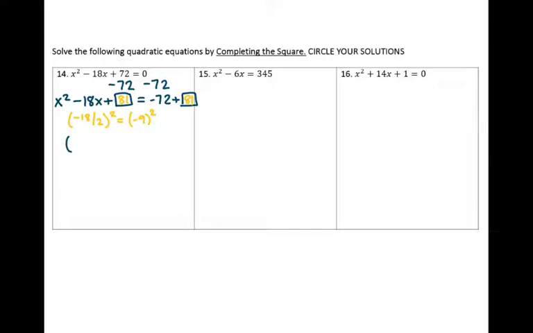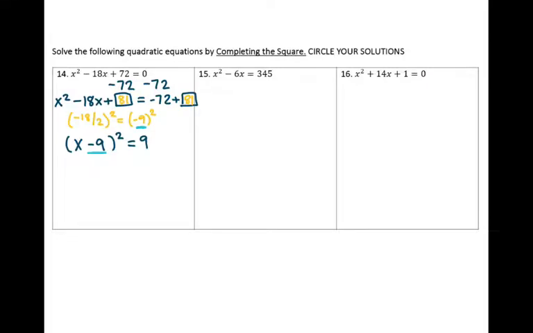Two numbers that multiply to 81 and add to negative 18 are negative 9 and negative 9. So that leaves me with x minus 9 squared. Lovely little shortcut: half of b is always what's going to go into your factor. From here, negative 72 plus 81 is 9.